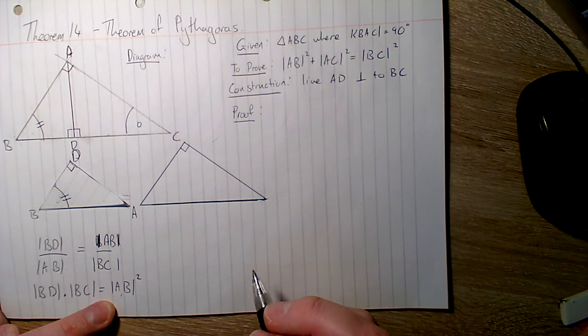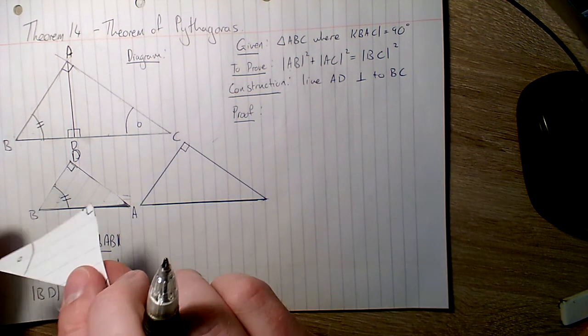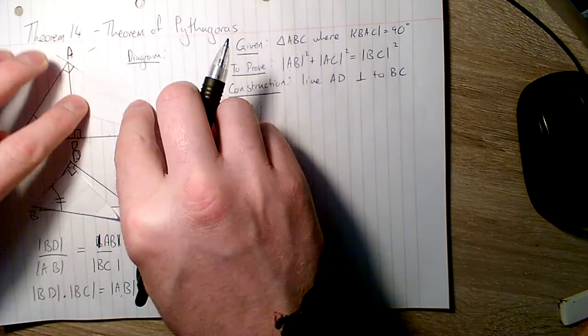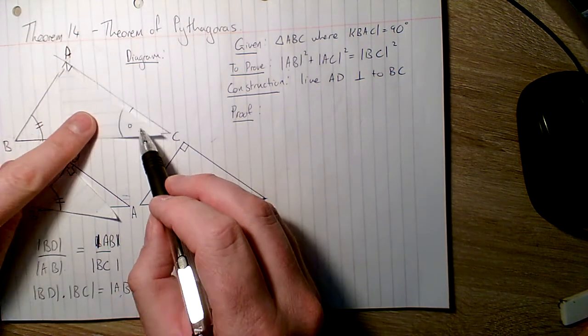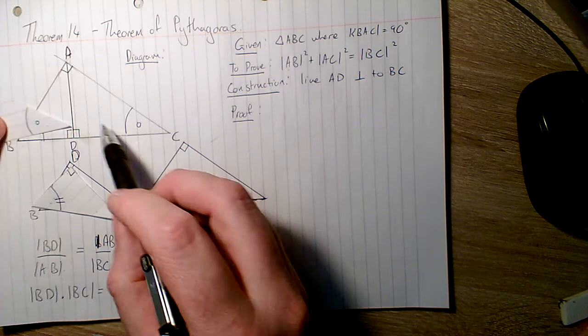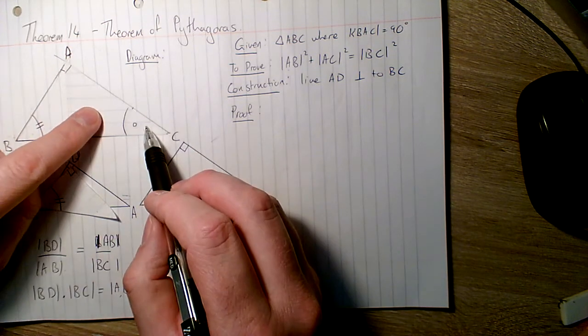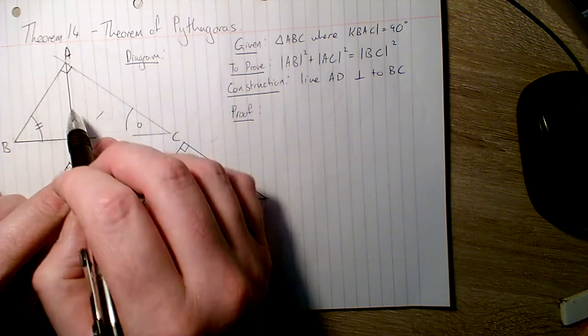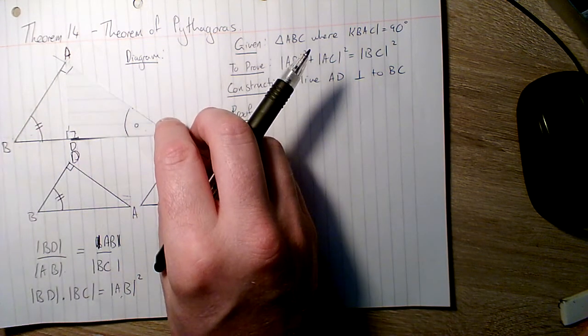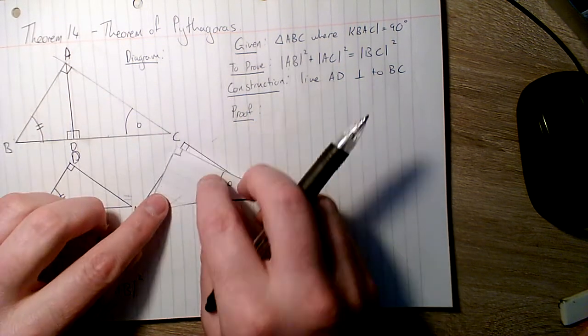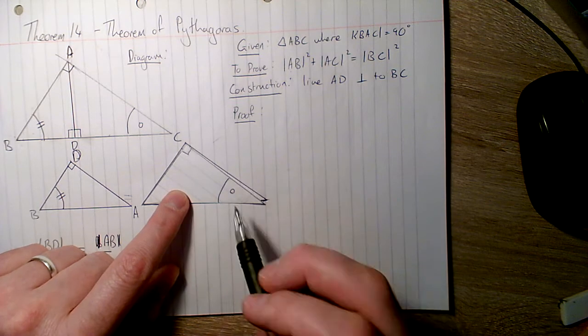Now coming to the other small triangle. Again you've got a common angle in our big triangle ABC and this small one, and again you've got a 90-degree angle in both. So again you're going to find that they're similar triangles. You just flip it around again and they line up here.